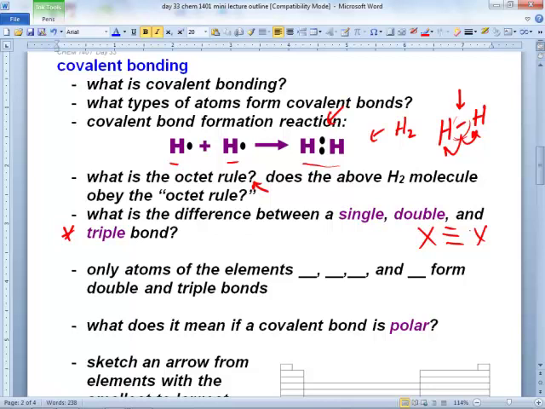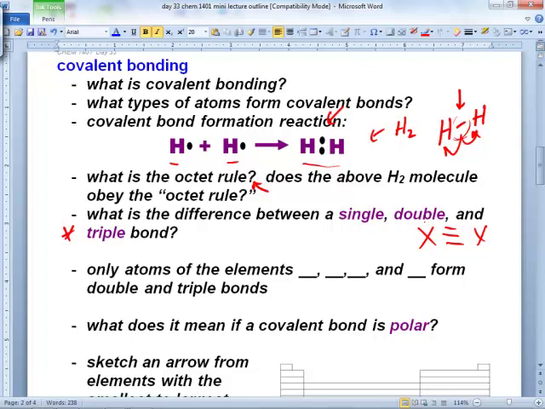You have a really short, compact spring that's hard to stretch. That's like a triple bond. The big, long, floppy thing, that's like a single bond. So the more compact, the tougher it is to stretch that bond. So triple bonds are going to be the shortest, and the toughest.